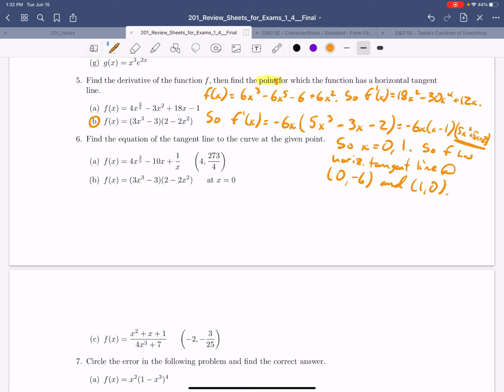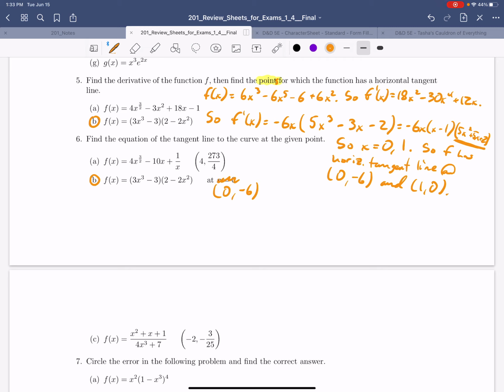Okay. This, by the way, leads in nicely to number 6b right here. Find the equation of the tangent line to the curve at the given point. Well, if it's at x equals 0, actually that really should be 0, comma, negative 6. That'll help us out. We already did all the work here. If you plug 0 into your derivative, then you're going to get 0.